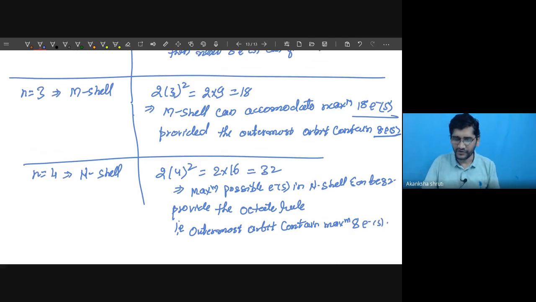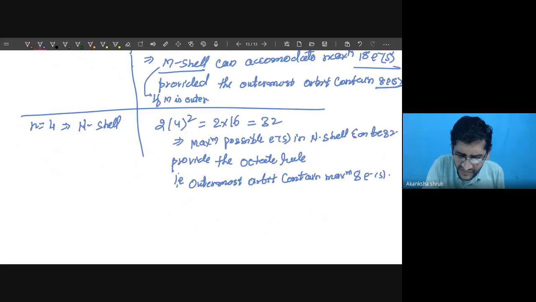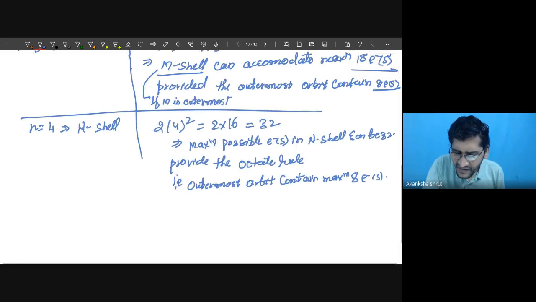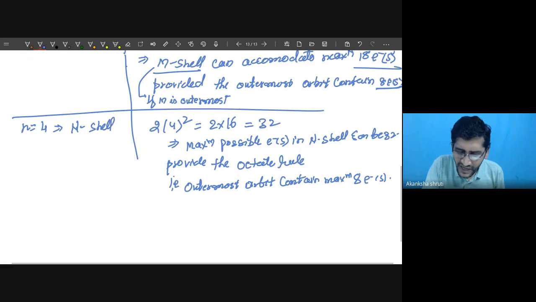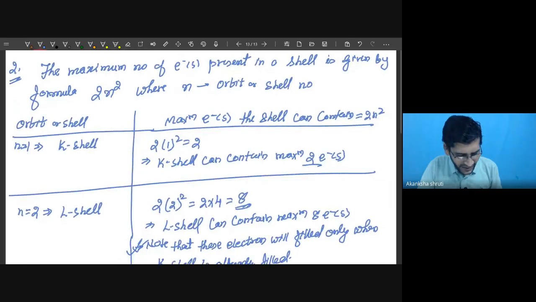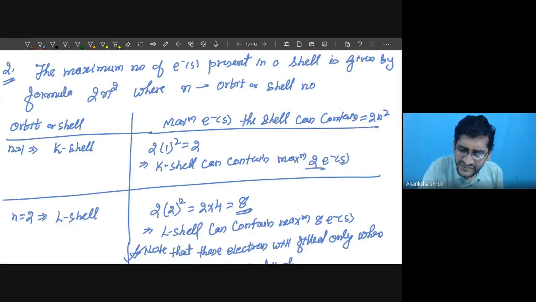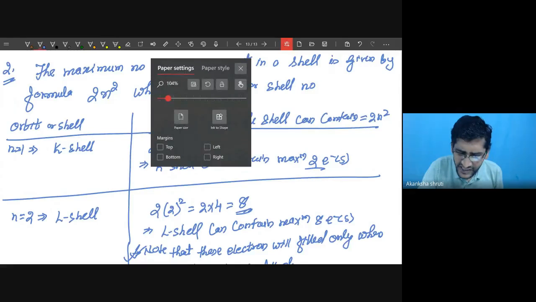This is to be followed. Means if M is outermost, then it can accommodate maximum 8 electrons only. It cannot accommodate 18 electrons.